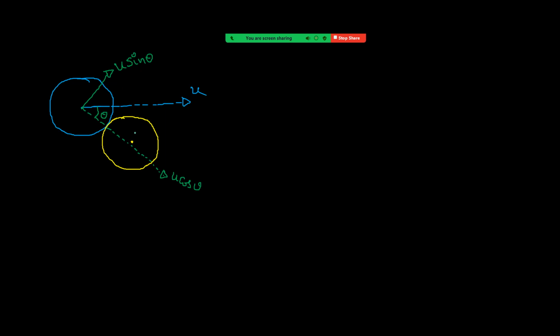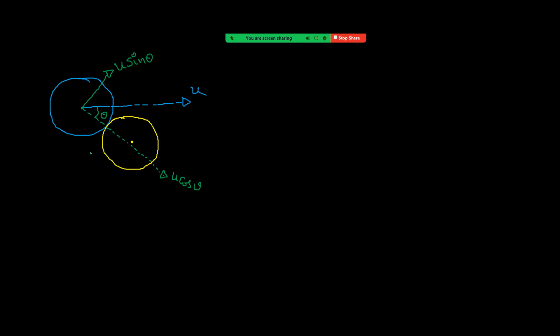Now focus: identical bodies, and the collision is elastic. In a head-on collision, they exchange their velocities. This is what we have discussed in the previous lectures, right? Identical bodies, when the collision is elastic and head-on, exchange their velocities.